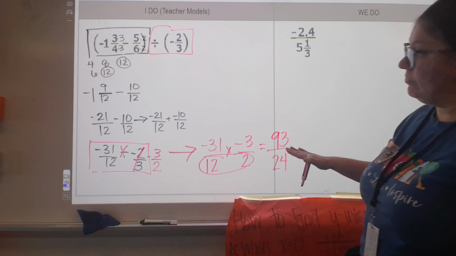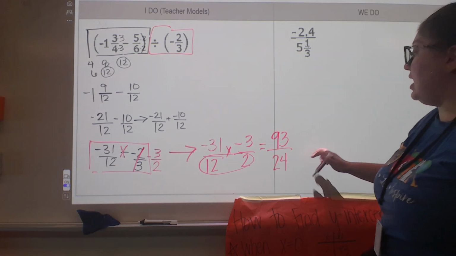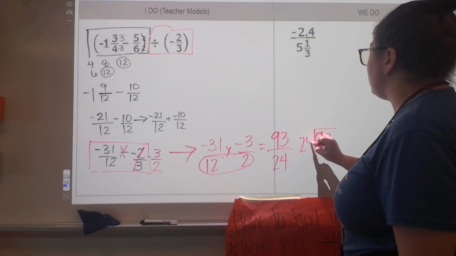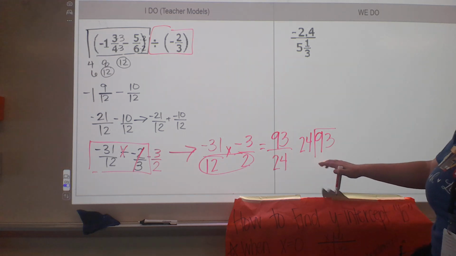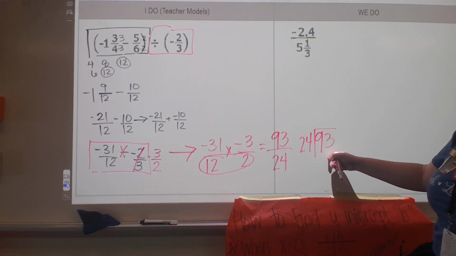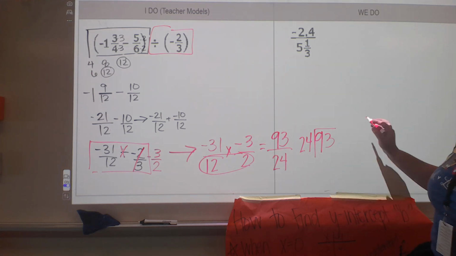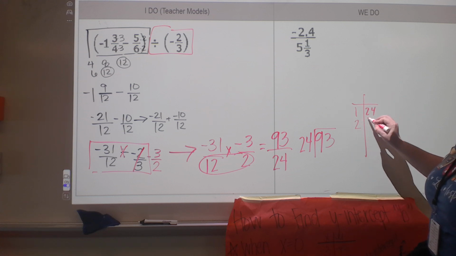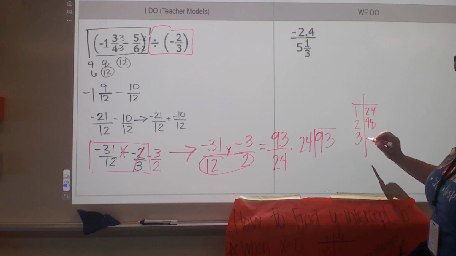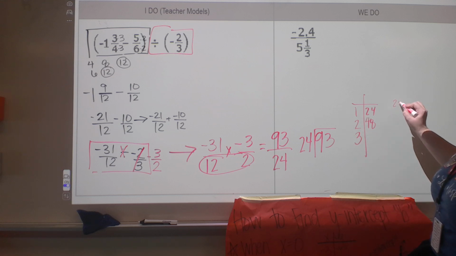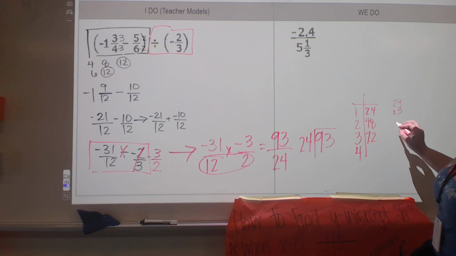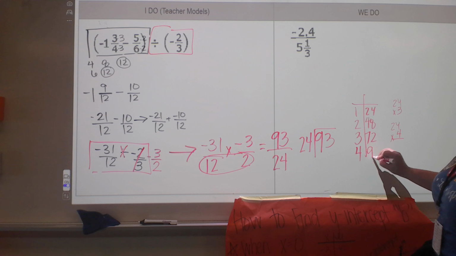Okay? Now I'm going to go ahead and simplify this. So I'm going to change my improper fraction and make it a mixed number. So 24 can go into 93, I don't know, let's see. 1 is 24, 2 would be 48, 3 would be 72, 4 would be 96.